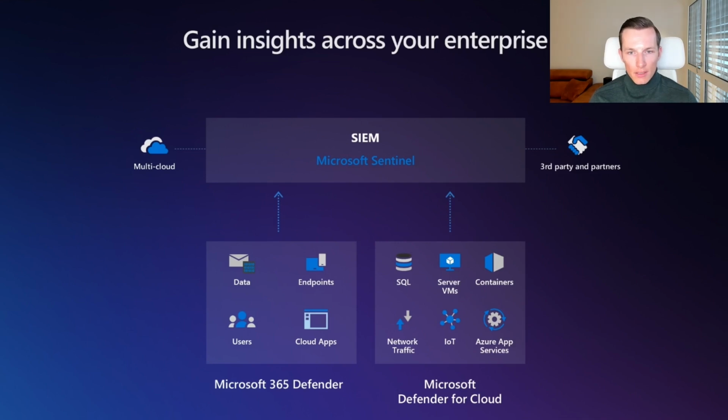And similarly, you might also have resources on premises or resources in Amazon, Google, or in another cloud. And Microsoft Defender for Cloud goes across all these environments. It really covers your whole infrastructure. And so this was then Microsoft's XDR solution for the infrastructure side.